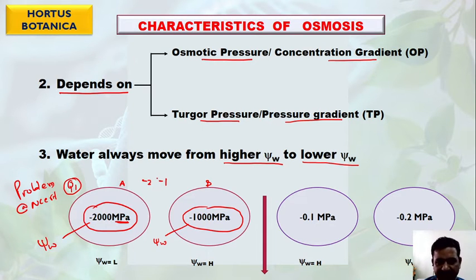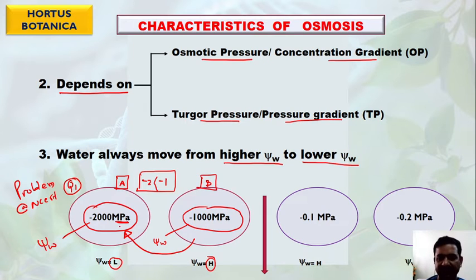Yes, you are correct, -1 is higher. So this is your high water potential and this is your low water potential, and you all know water moves from high water potential to low water potential. So where will the water move? Water will move from B to A.